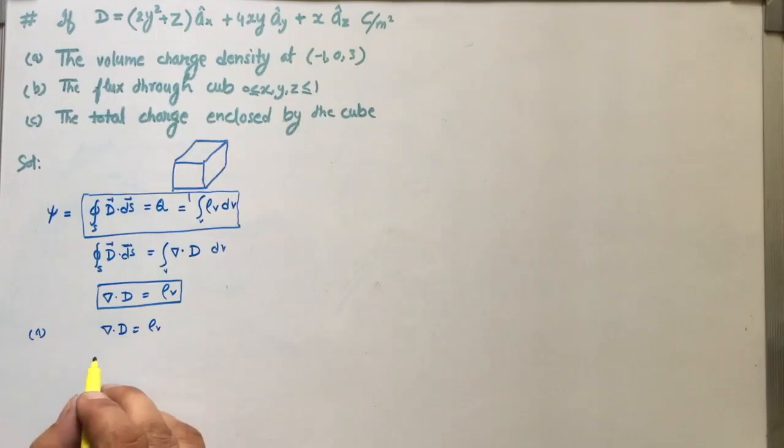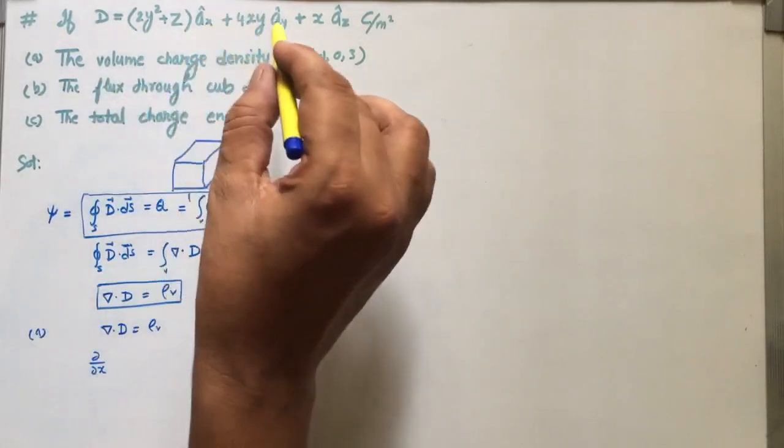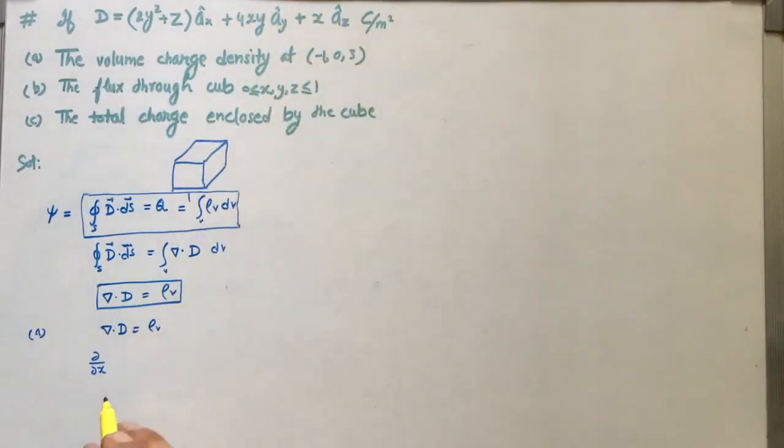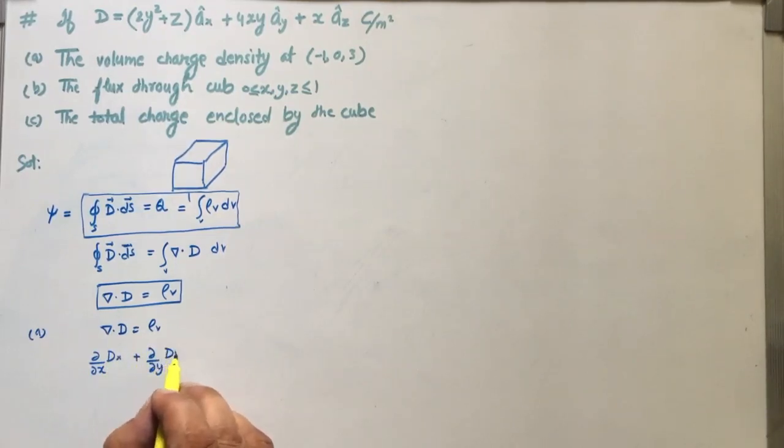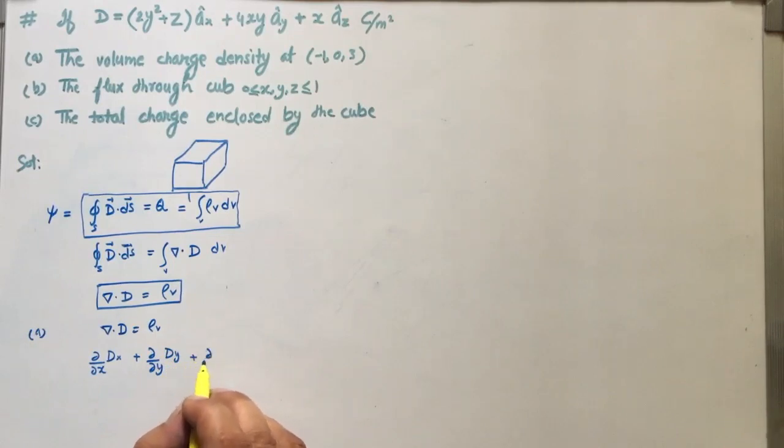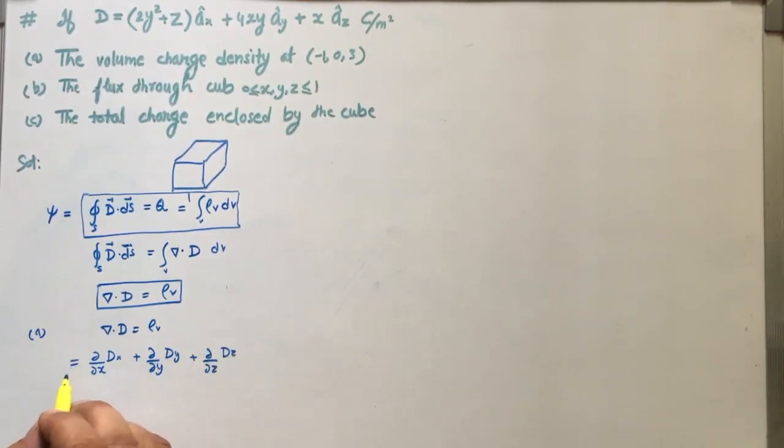So find del over del x, this is Ax, Ay, Az in the Cartesian coordinate system, Dx plus del over del y Dy plus del over del z Dz. It will give us rho v.